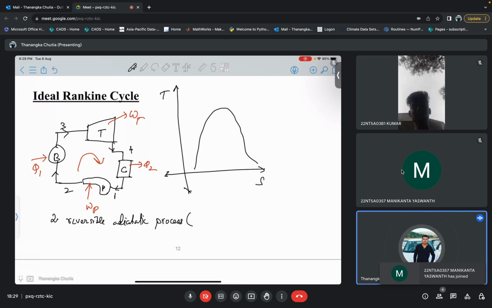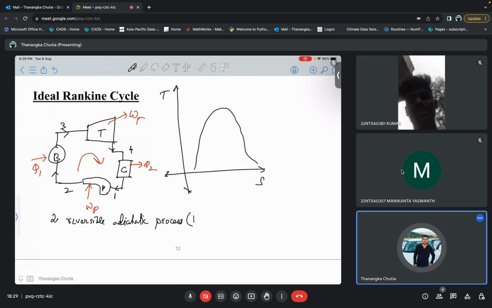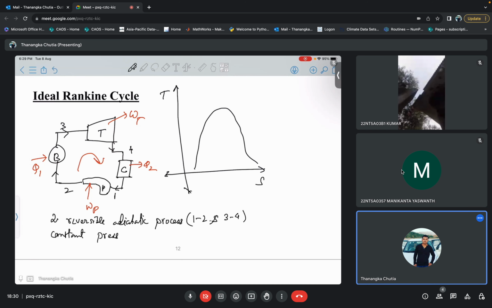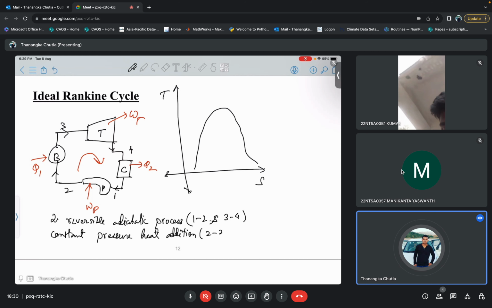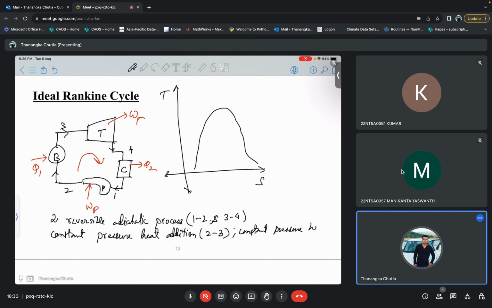The two reversible adiabatic processes are 1 to 2 and 3 to 4. Then constant pressure heat addition, which is the process 2 to 3, and constant pressure heat rejection, which is the process 4 to 1.